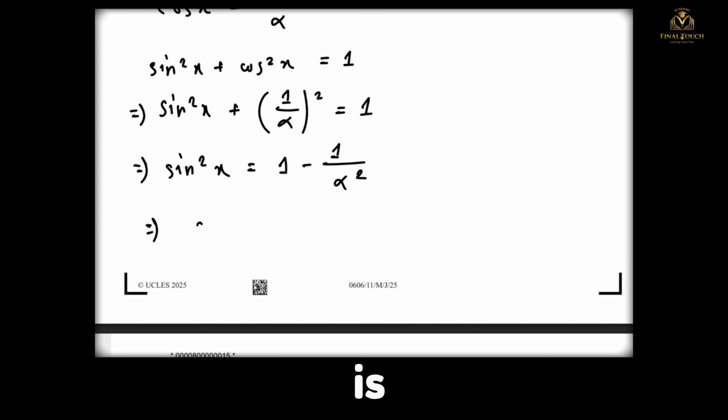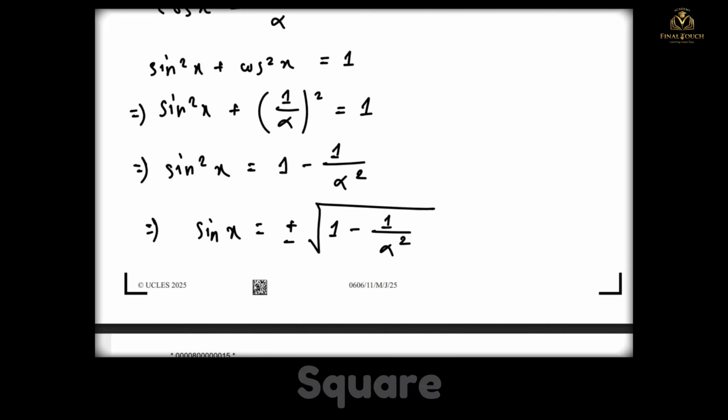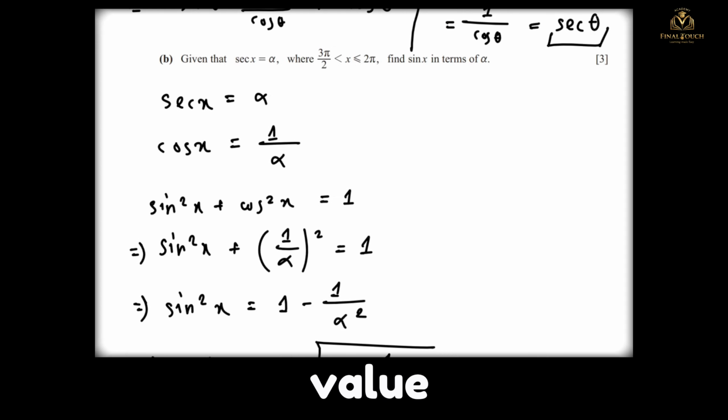So the next step is to write sine x is equal to plus minus root over 1 minus 1 by alpha square.